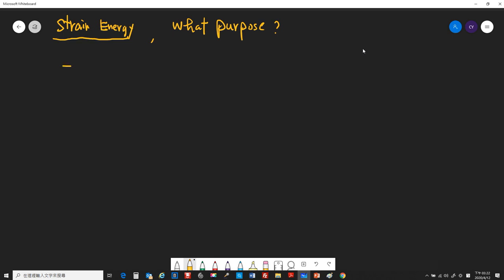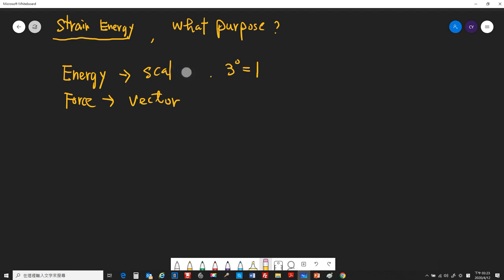Remember, energy is a kind of scalar, a tensor of order 0, with 1 variable. And force is a vector. Scalar, sorry, scalar should be here. And the vector is order 1, with 3 variables.